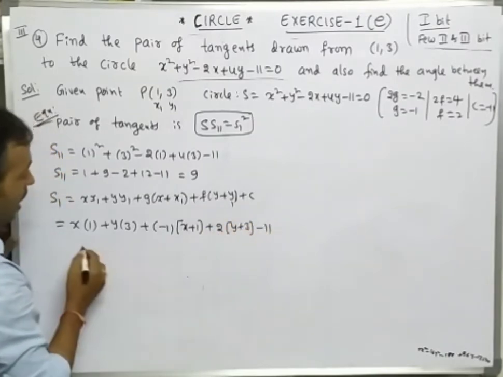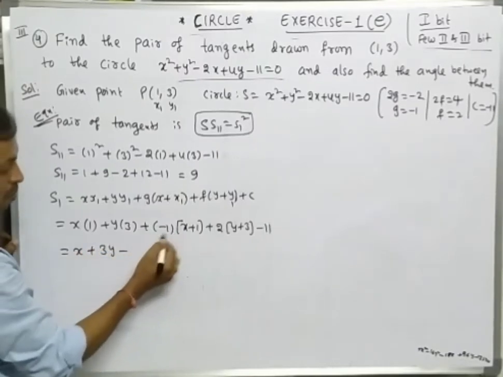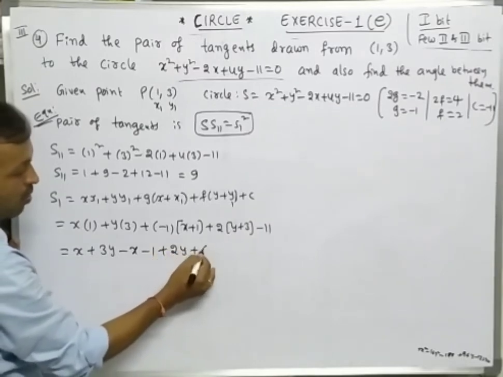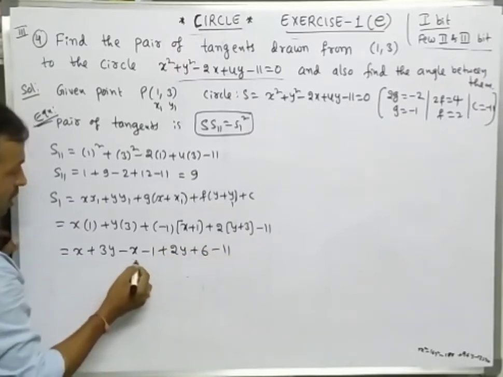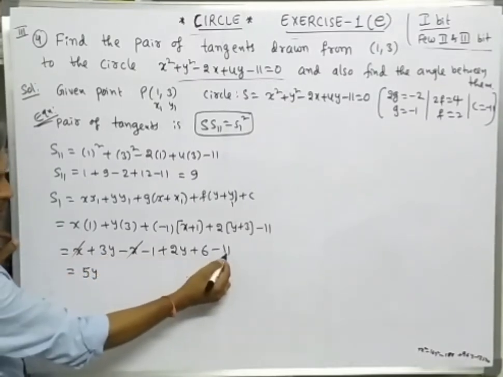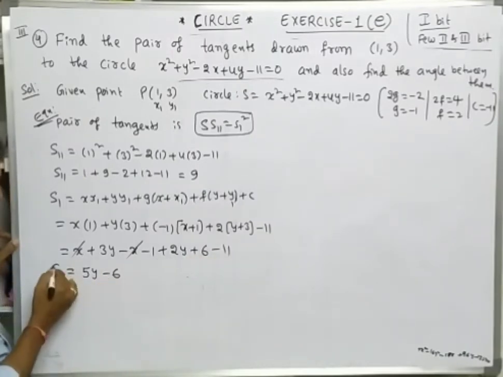Substitute all those values carefully. x into 1 is x, plus 3y, minus x minus 1, plus 2y plus 2, 3 2s are 6, minus 11. So x cancels, 3y plus 2y is 5y, minus 1 minus 11 minus 12, plus 6 is minus 6.